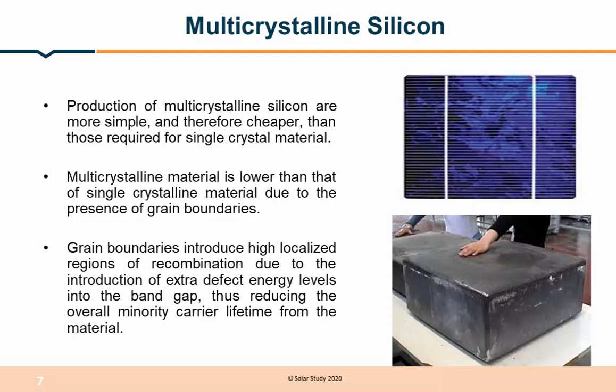Why do we have to use multicrystalline? Because this material is bonded a little bit less than single crystalline, so the grain boundaries contained in single crystalline are a little bit fewer than in multicrystalline. Those grain boundaries introduce highly localized regions of recombination due to the introduction of extra defect energy levels into the band gap.